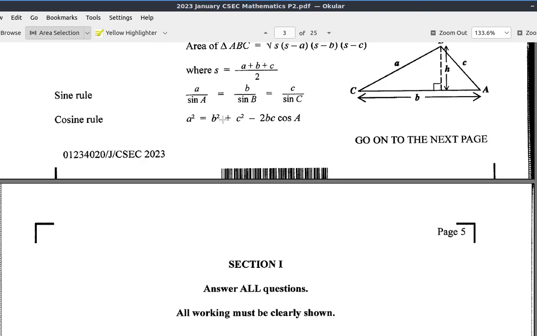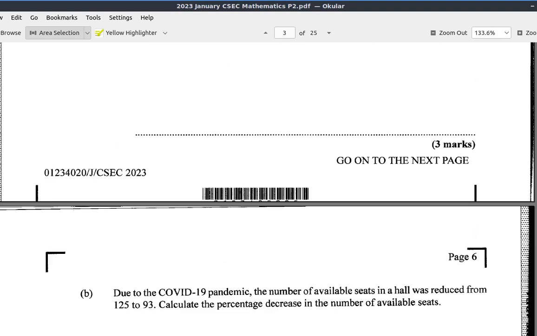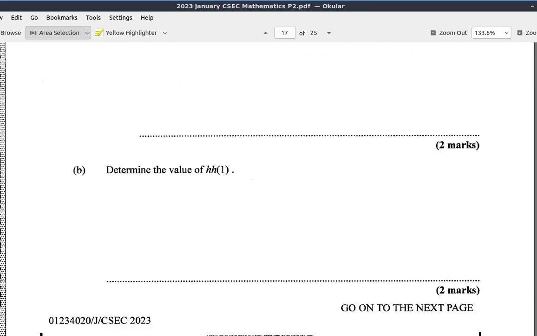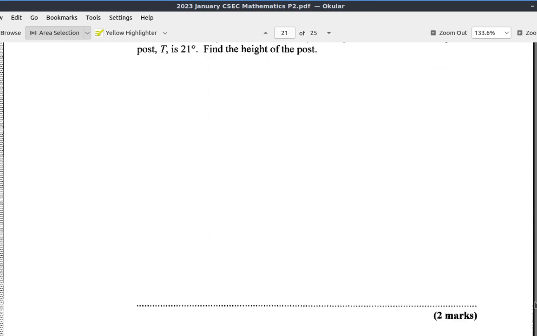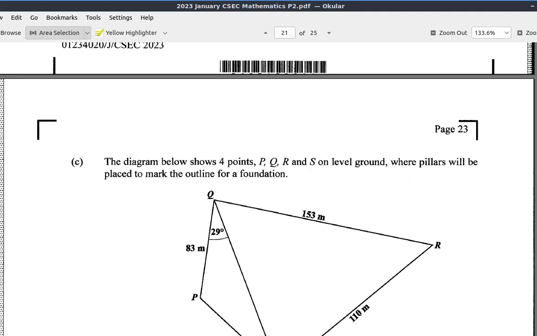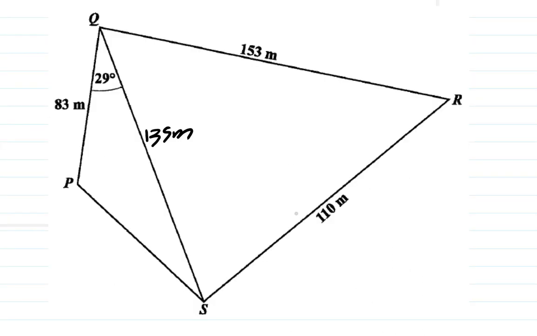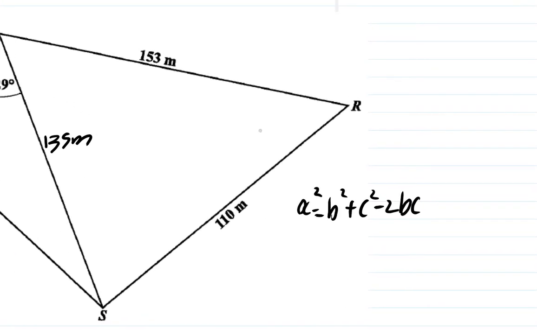It says a squared equals b squared plus c squared minus 2bc cos A. Right, so that is the cosine rule. So let's write it down again. The cosine rule says a squared equals b squared plus c squared minus 2bc cosine angle A.